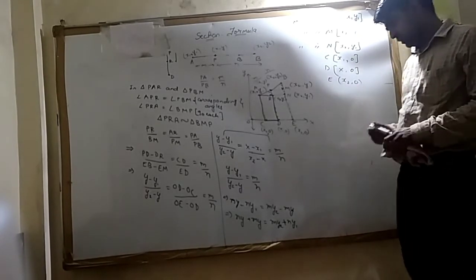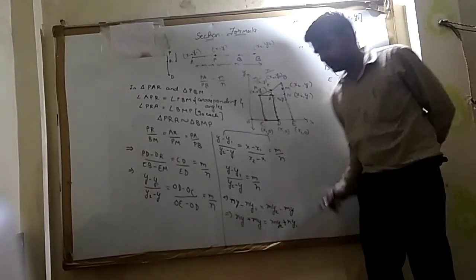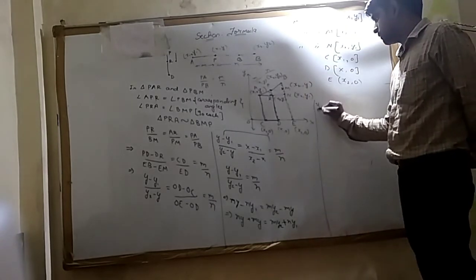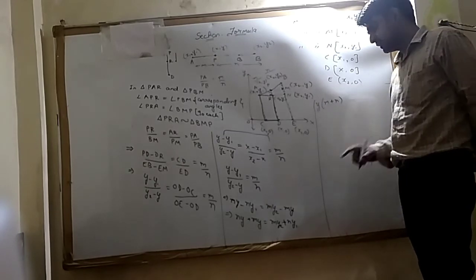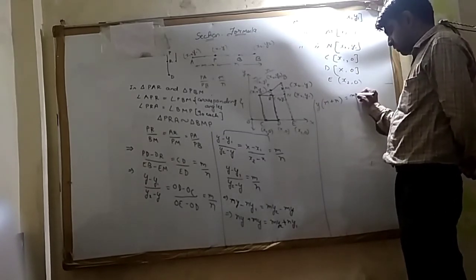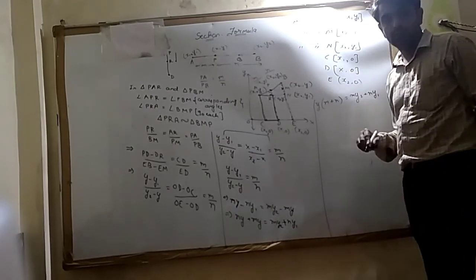So from these two, I can take y common. Y is common. M plus n, and here we have my2 plus n y1.